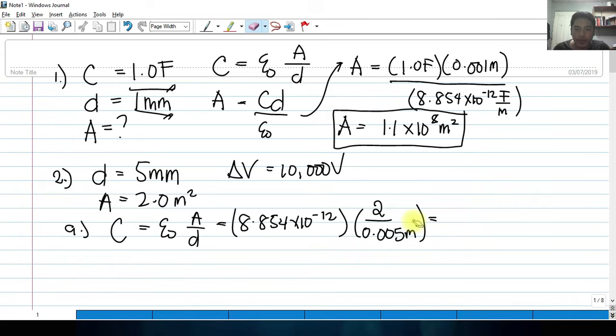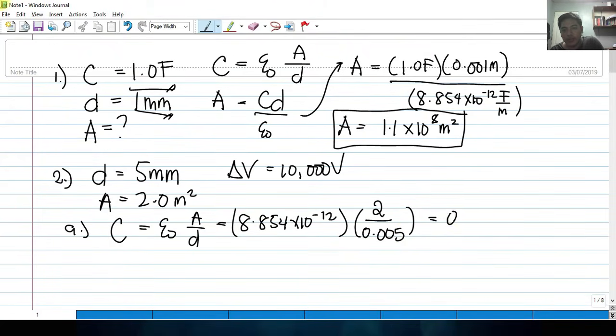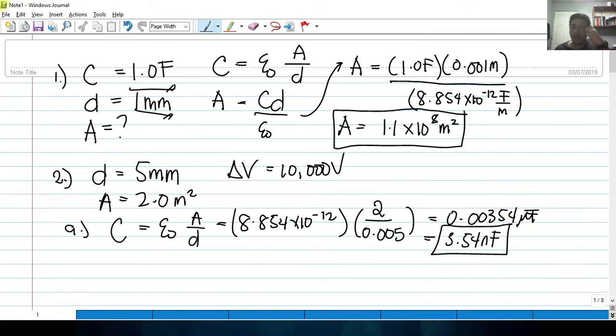Never mind the units. If we calculate that, it should give us 0.00354 microfarads, which is equivalent to 3.54 nanofarads. Imagine this is a very small amount of capacitance. These are the typical values of capacitances of our capacitors.